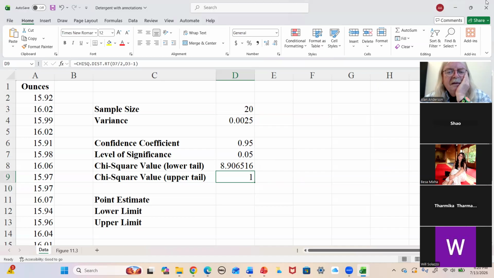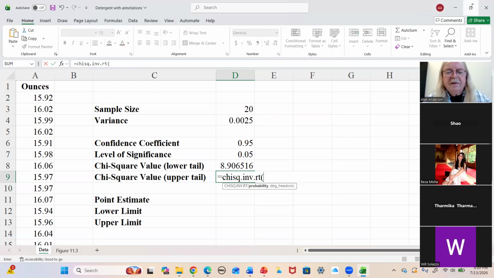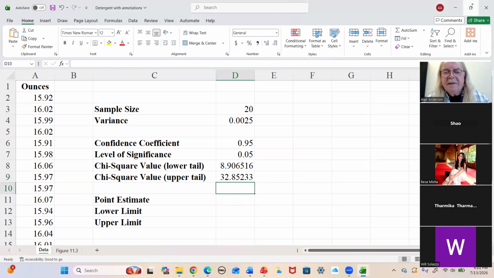All right, let's try that one more time. Chi-square, oh, I must have typed the wrong thing. inv.rt. I think I typed dist instead of rt. Alpha over 2 and D3 minus 1. There we go. Okay.